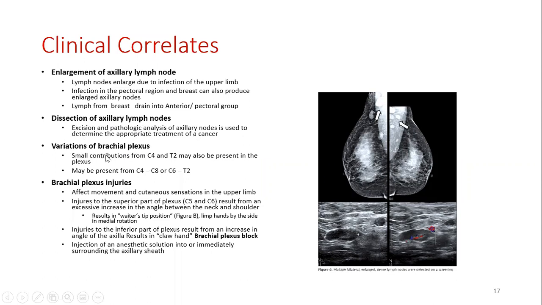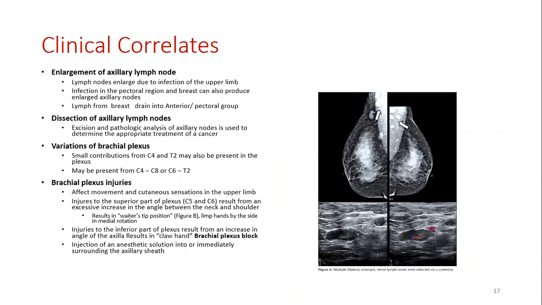Okay, variations of the brachial plexus. So we say that the roots of the brachial plexus are C5 to T1. And in general, this is correct in most patients. However, and I will say this a lot, bodies are weird.